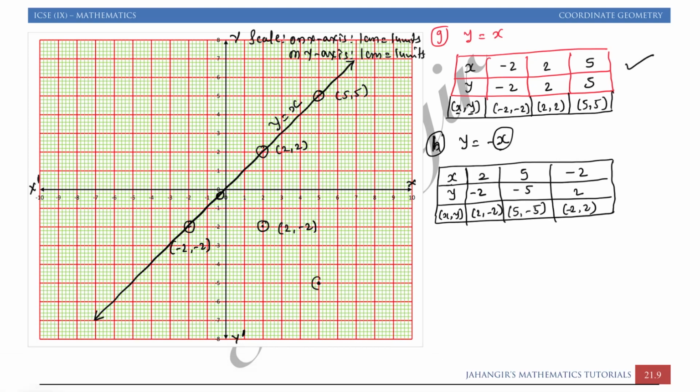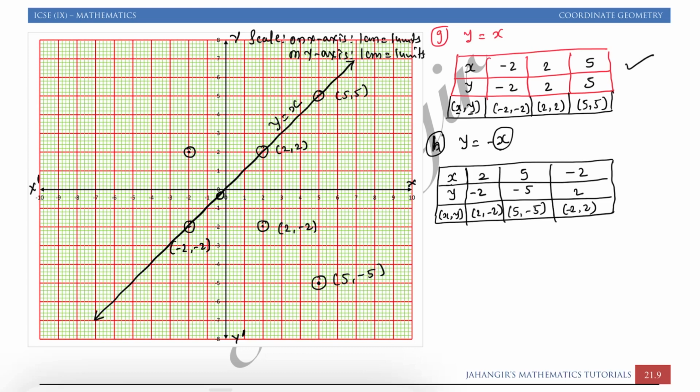So I will mark it as 5 comma minus 5. Then minus 2 comma 2, so x is minus 2, y is 2, so it will be this point, minus 2 comma 2. Now we will draw a line which passes through these 3 points, and the line should always be straight.